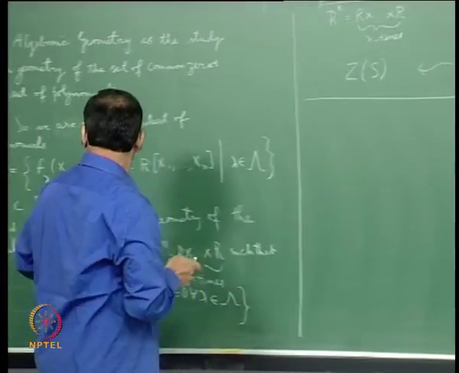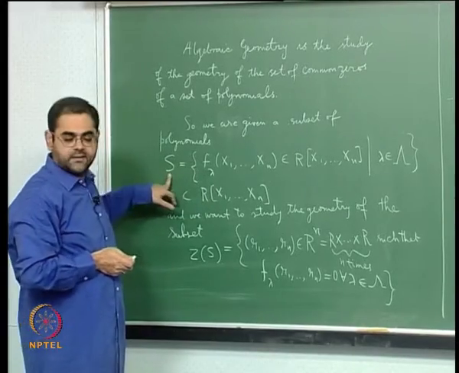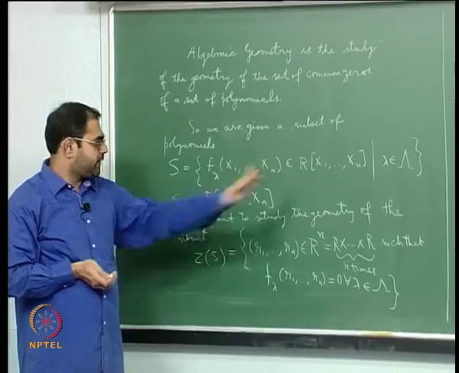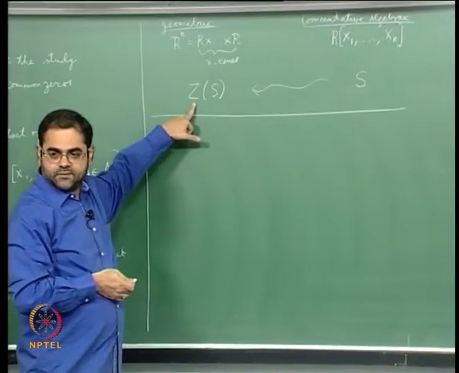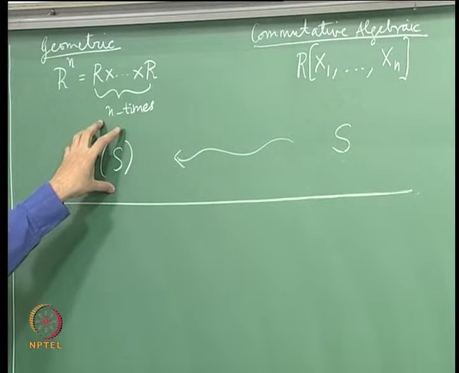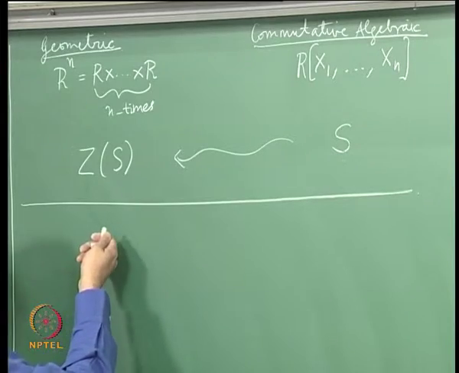So first of all, if you give me an equation like this, forget even a set of equations, suppose I give you even a single equation over a ring, okay, it might turn out that this set may be empty, okay. That is the problem. This set, if it is going to be empty, there is nothing interesting to study, because there is nothing to study first of all. So that can happen very easily.